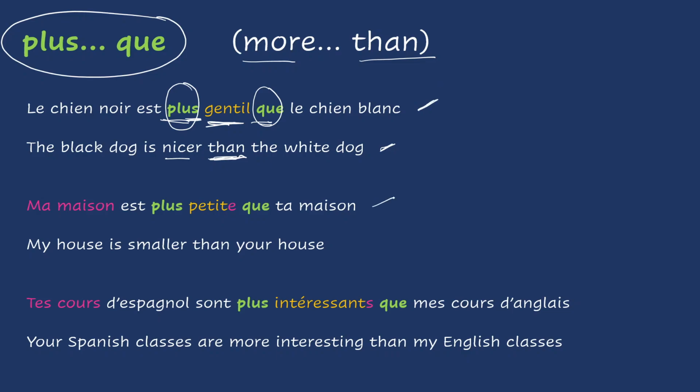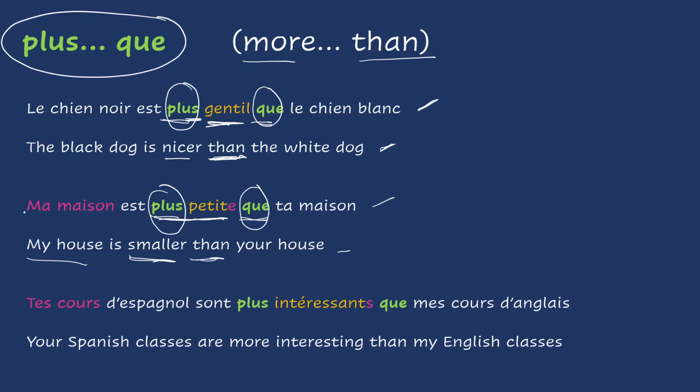Another example. Ma maison est plus petite que ta maison. My house is smaller than your house. So smaller is plus petite and than is que. So you place plus in front of petite, in front of the adjective, and que behind the adjective.